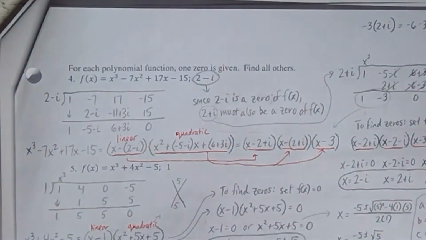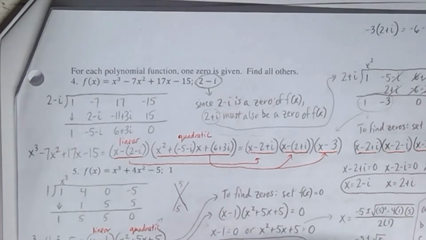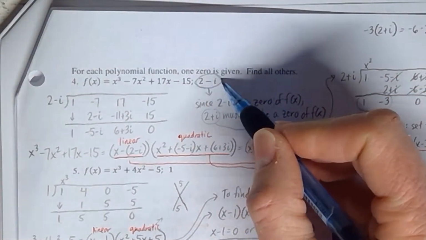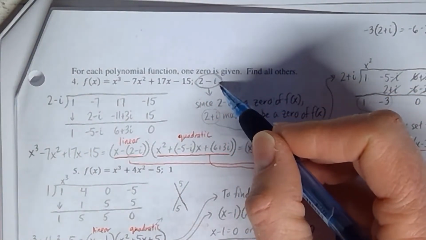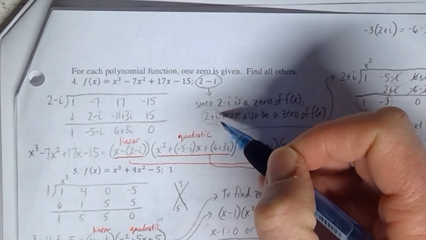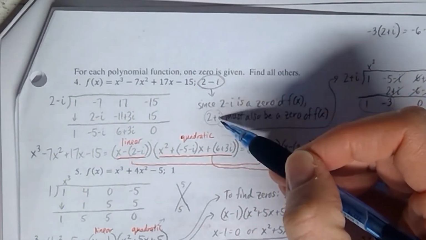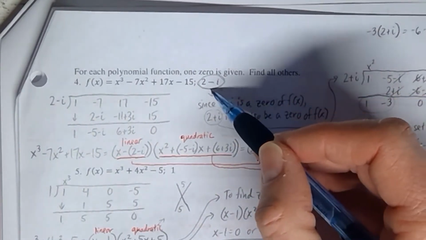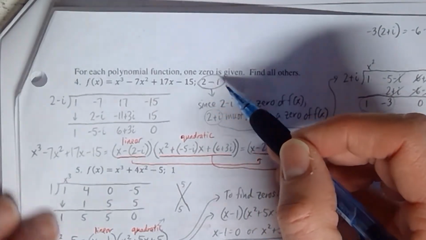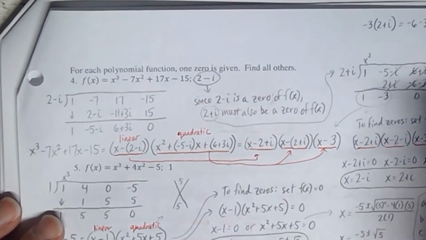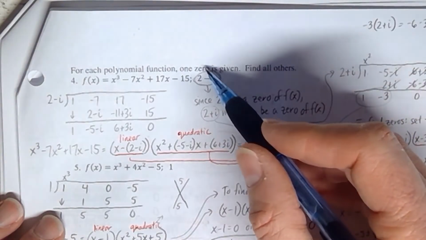But the problem is that if they don't already tell you that you have an imaginary number that is a 0, then you don't have anything to build off of with that theorem. That theorem is dependent upon you already knowing what one of the imaginary numbers is going to be as far as being a 0.